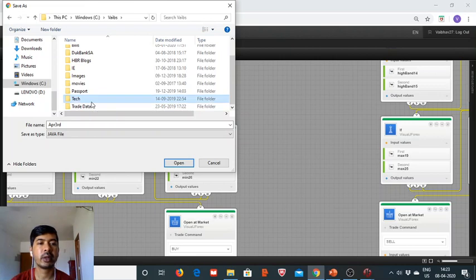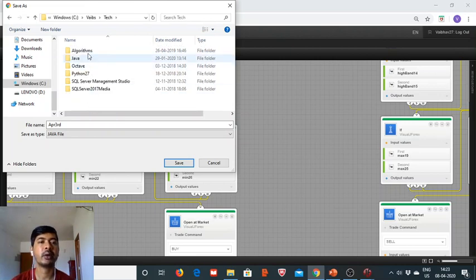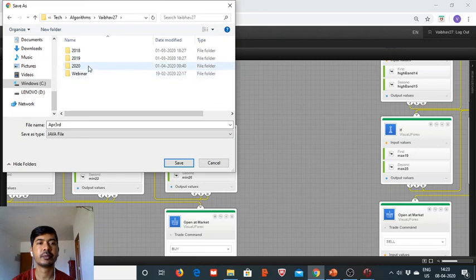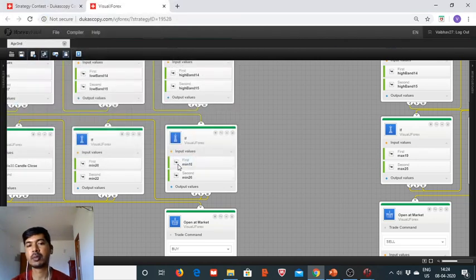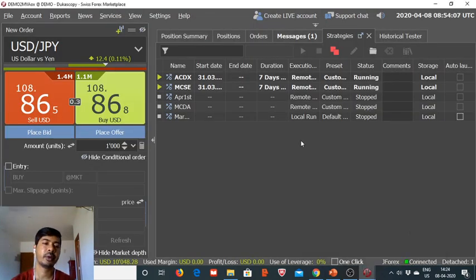We will save it here. Now we pick the same file from the J4F platform.